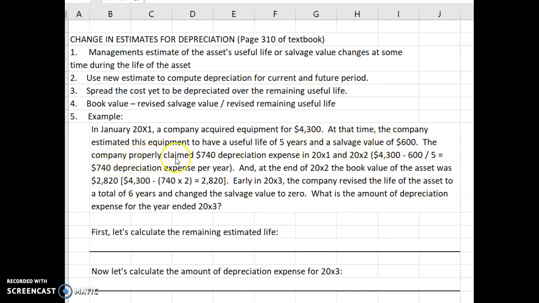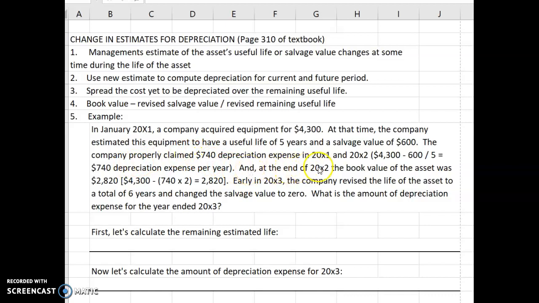The company properly claimed $740 of depreciation expense for 20X1 and for 20X2. That's $4,300 of cost minus its salvage value of $600 divided by 5, and that does equal $740 of depreciation expense per year.